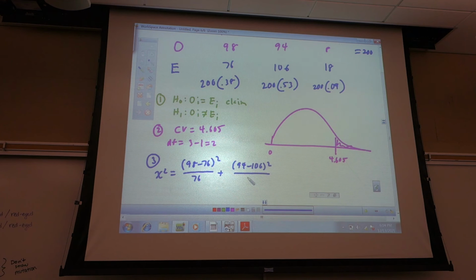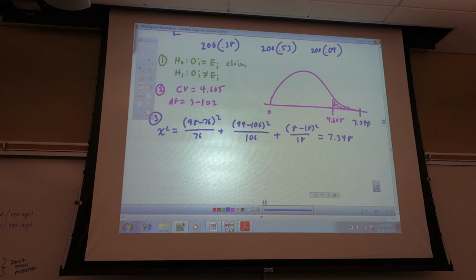It's probably 17 points for this problem, and if you don't write this out it's probably going to take 4 or 5 points. And what did you get? 7.348. Then you're going to compare this.